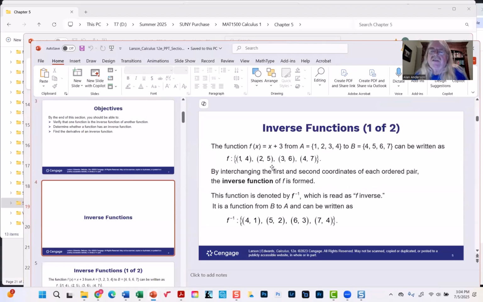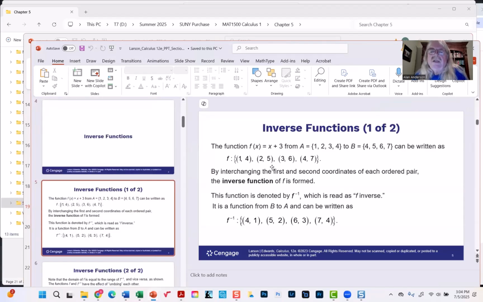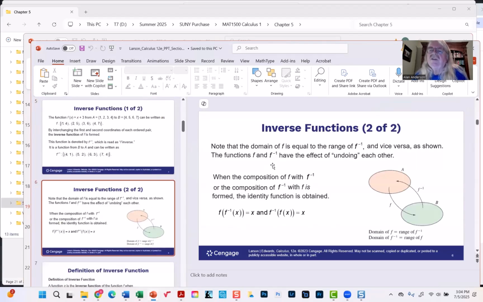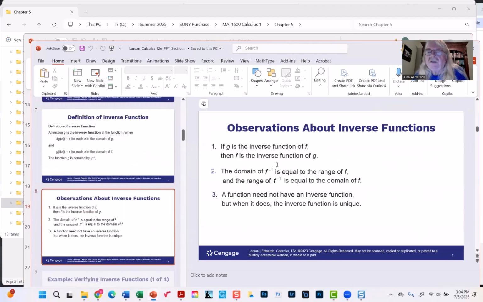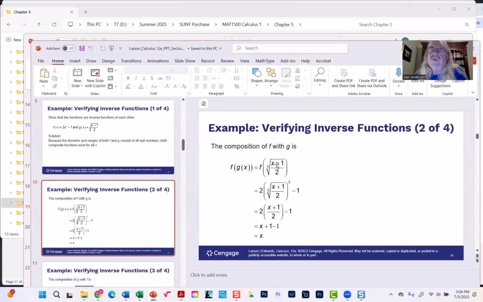Okay. So this is a pretty different topic. So we'll stop right here. Some of this we've seen in pre-calc, by the way, but we'll go back and review it. And the reason why they're bringing this up is because they're going to show us how to use this idea of inverses to find certain types of integrals. So that's what this is building up to. So anyway, we'll definitely save that for next time, and I'll see you then.